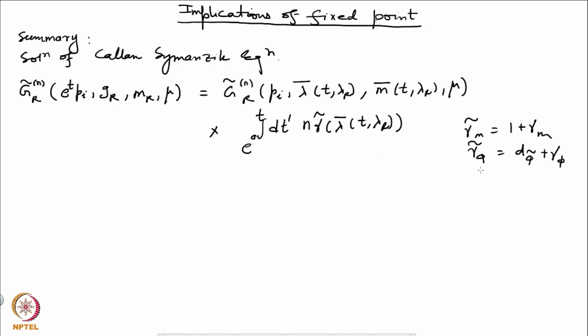But now I'm not writing gamma phi, so you'll have the canonical dimension of the appropriate field that you are looking at, and the corresponding anomalous dimension. Okay, so that is what we have.